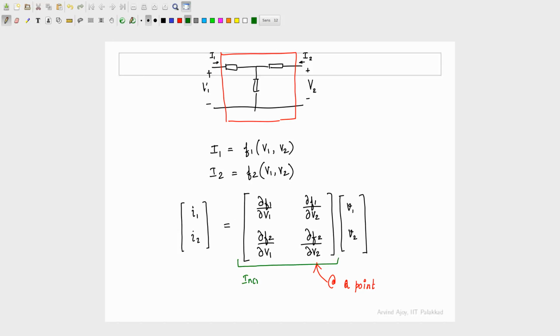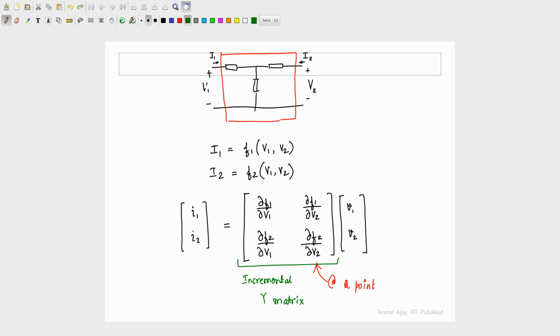So when you work out this thing, what's important to keep in mind? Exactly, sir. This matrix is calculated at the Q point. And what's the name of this matrix? This is your incremental Y matrix, right?